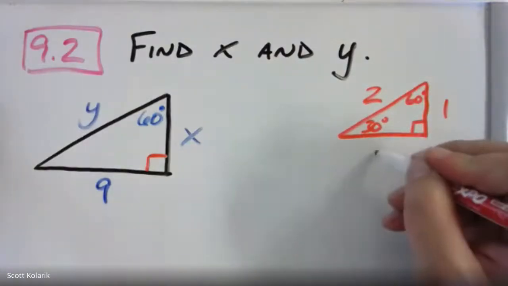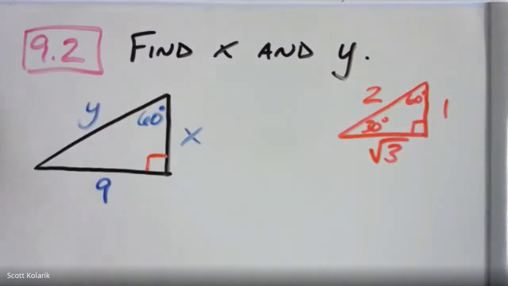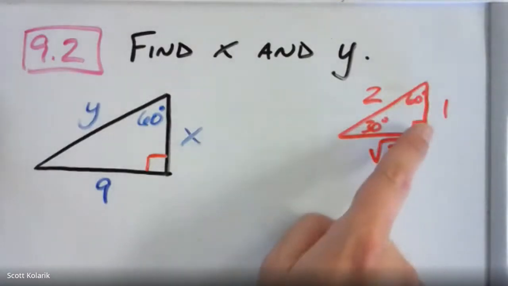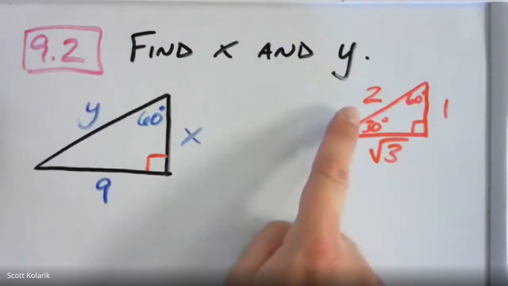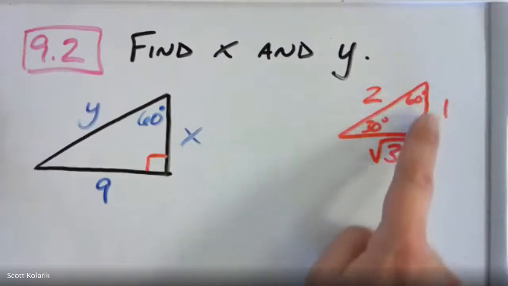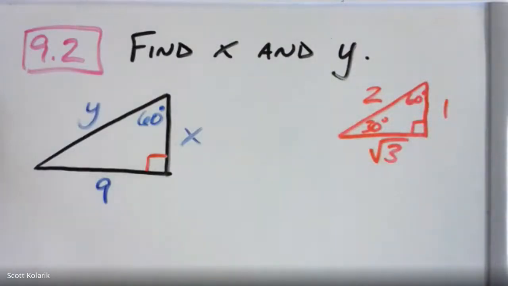This one has a square root of 3 ratio. So if I wanted to find the length of this leg, I would take this 17.8 miles and multiply it by the square root of 3. And that's the ratio of sides for this special right triangle.